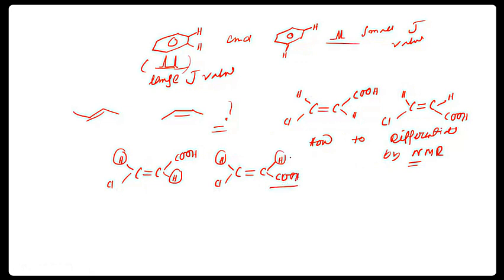We'll get a coupling between these two. Here it is trans coupling, the coupling between two trans hydrogens, and here is cis coupling, so coupling between two cis hydrogens. Now we'll have a look at the mechanism of coupling. How does it work? So let's see.